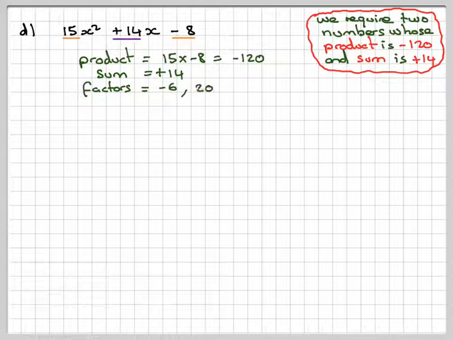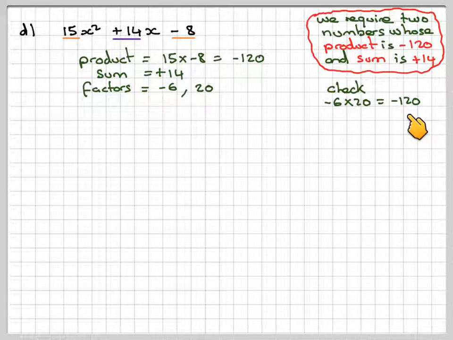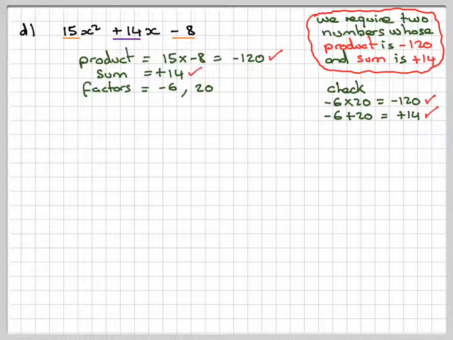Welcome back. Did you try minus 6 and 20? Let's just check. Minus 6 times 20 gives me minus 120, and minus 6 plus 20 gives me plus 14, so that meets the criteria.